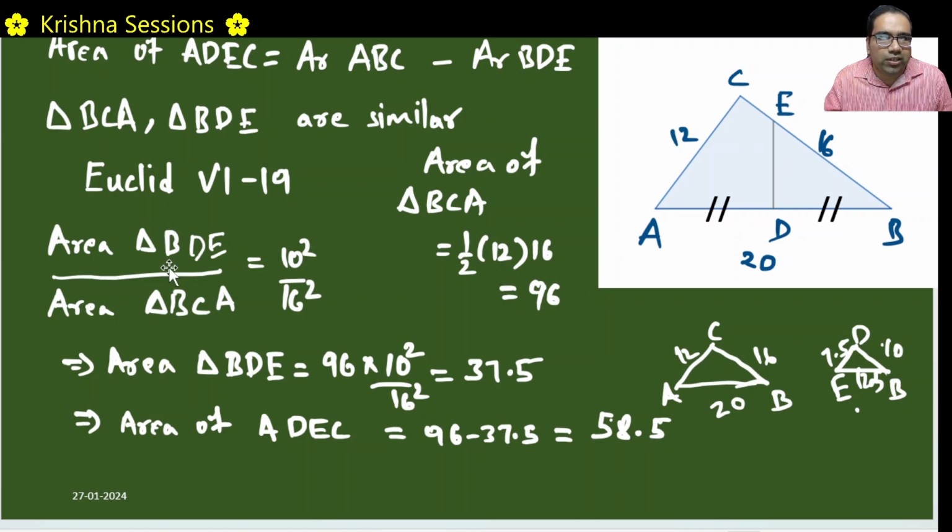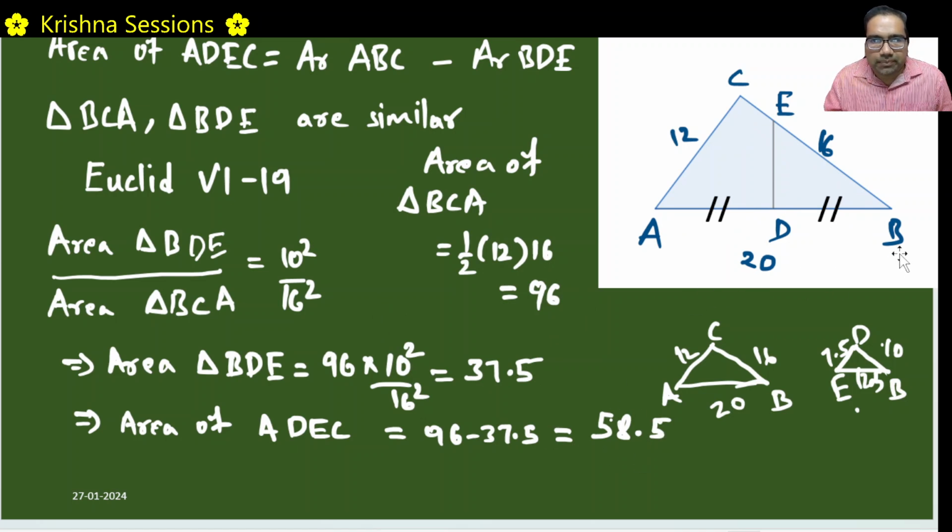Now we know the ratio of areas of BDE and BCA. So the area of BDE will become 10 squared by 16 squared into 96, which comes out to 37.5. Now what is the area of ADEC? The total area, which is 96, minus this 37.5, which is 58.5.